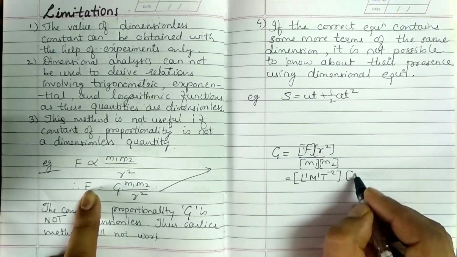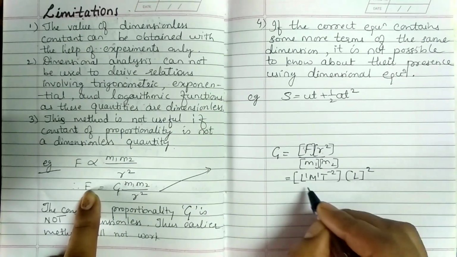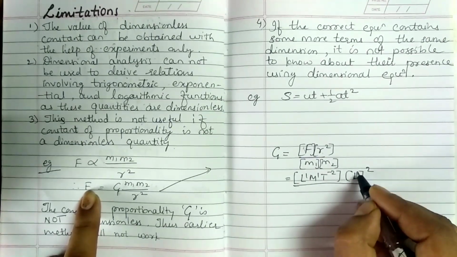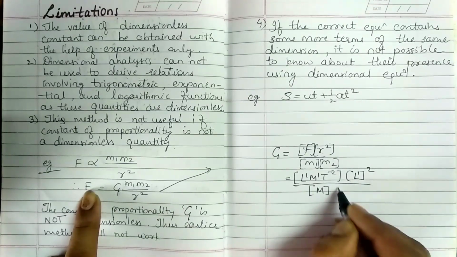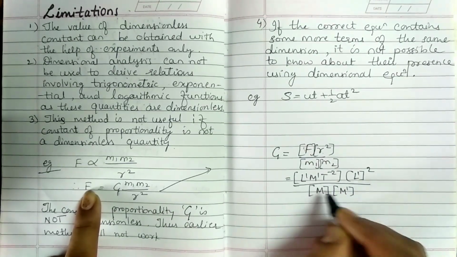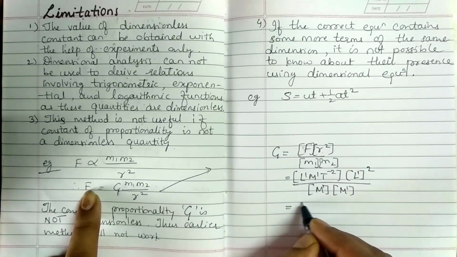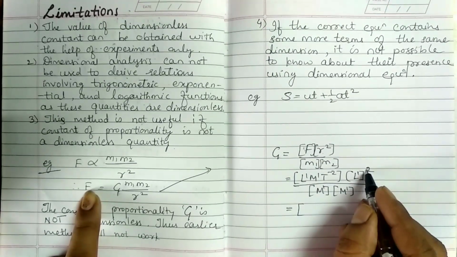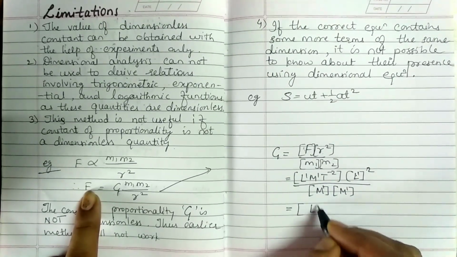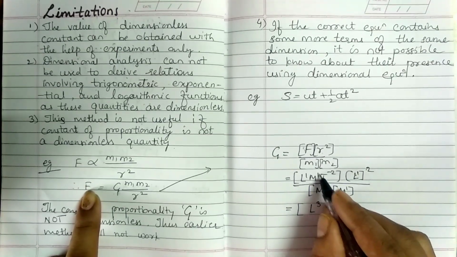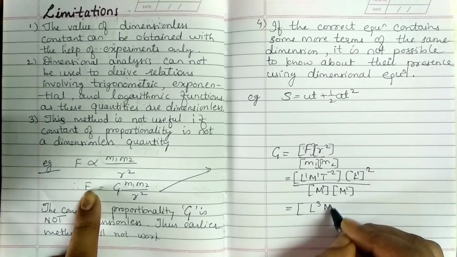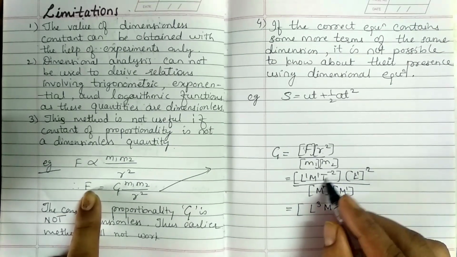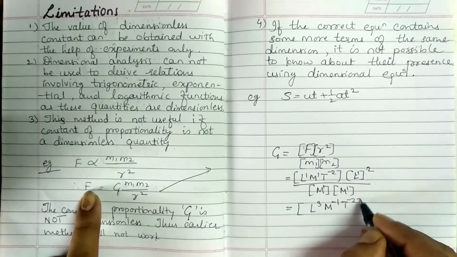R is the distance, so it is in terms of length and it is squared. And these are masses, so it is M. If you solve this, 1 and 2 ones make 3. M1, if this comes up, it is minus 1, so it becomes 0, and one more M is there. If it comes up, it is minus 1 over here. And T raised to minus 2 as it is.